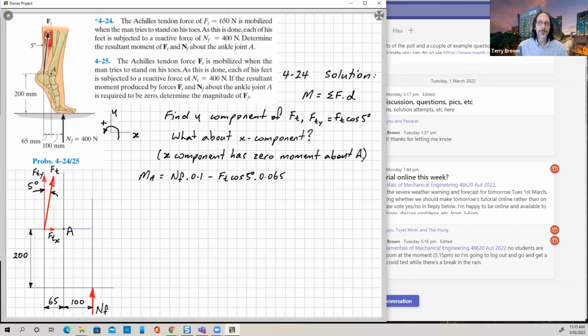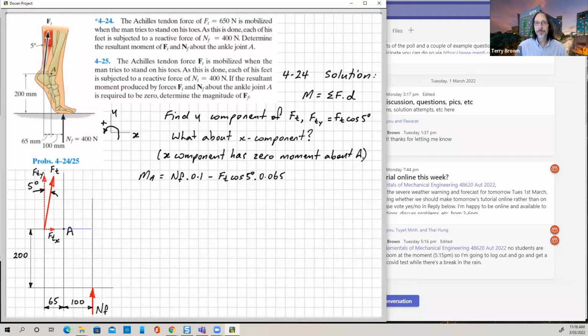For 2D problems, you can choose positive clockwise or positive anti-clockwise, and it won't affect the solution. However, to be strictly correct, if you've drawn X and Y like this, so you have a positive right-hand rule X and Y coordinate set, then anti-clockwise is positive.